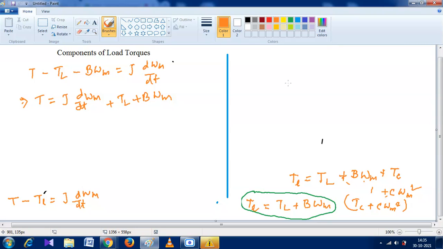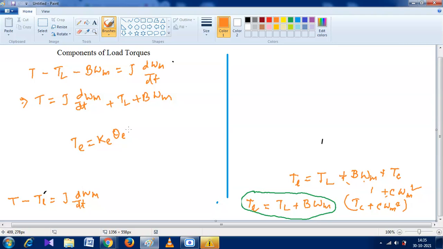And sometimes a coupling is used to couple the load with the motor, so there may be another torque present, which is called Te, which is K theta, actually proportional to the torsion angle of the coupling.